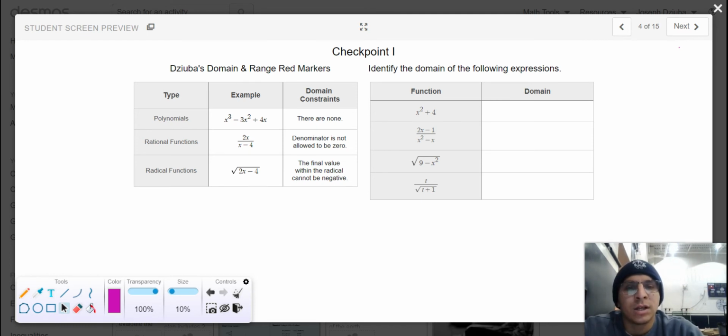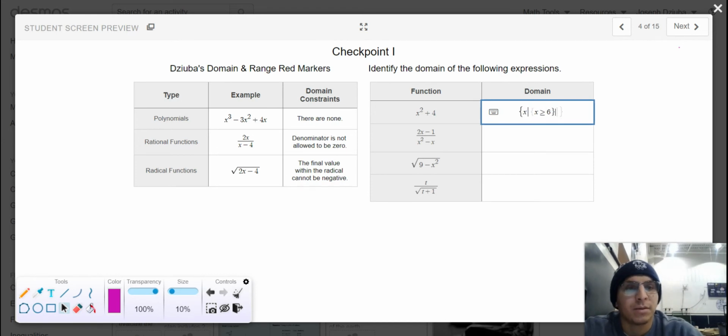So work out these functions on a piece of paper and identify the domain of the following expressions. You can identify that domain using interval notation, using your brackets or your parentheses, depending on if things are enclosed or not enclosed. And you can also use set notation, where you basically use inequalities to describe what is happening.